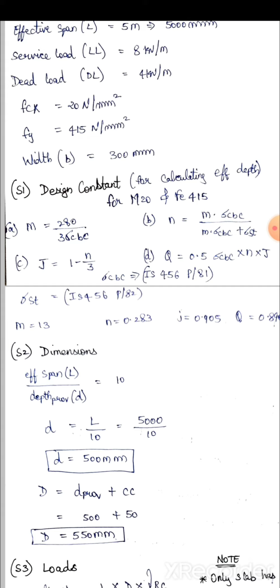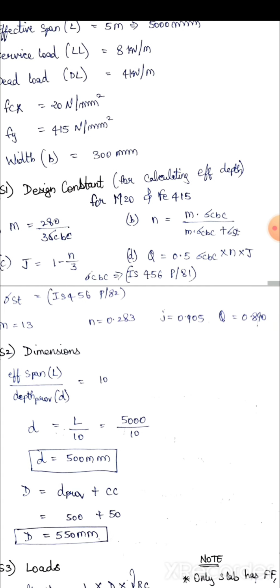The formula of M is 280 by 3 into sigma CBC and N formula is M into sigma CBC by M into sigma CBC plus sigma ST. J equal to 1 minus N by 3 and the Q formula is 0.5 sigma CBC into N into J.